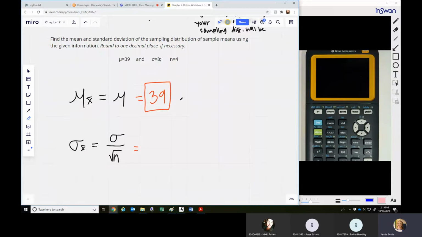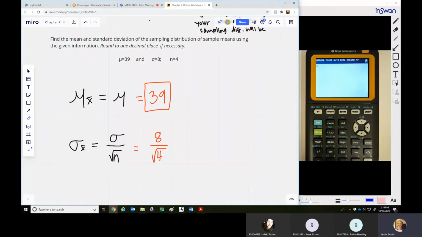The standard deviation is 8 divided by the square root of the sample size, which is 4. So get your calculator. 8 divided by the square root of 4 is 4. We don't need to round there either, since we have a whole number. And that's it. You're done.